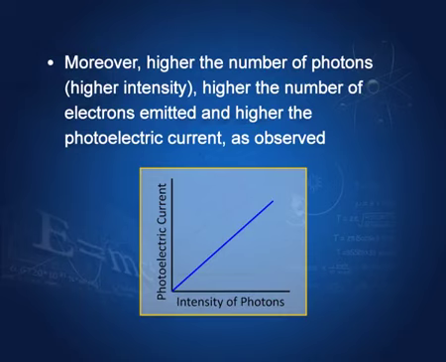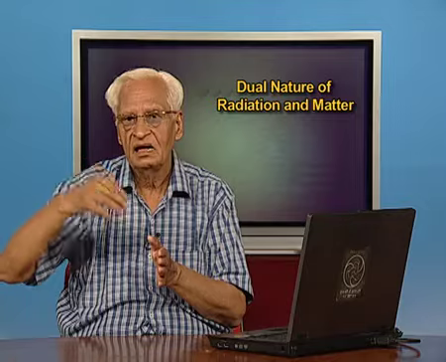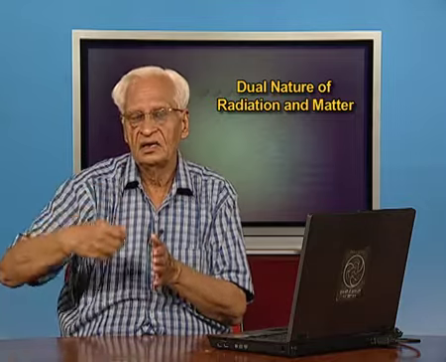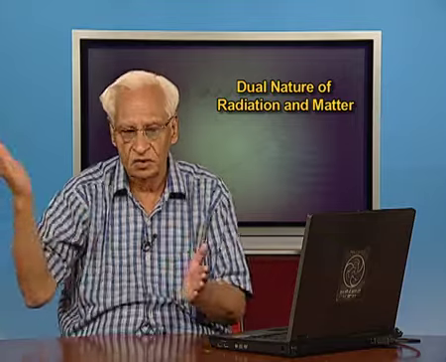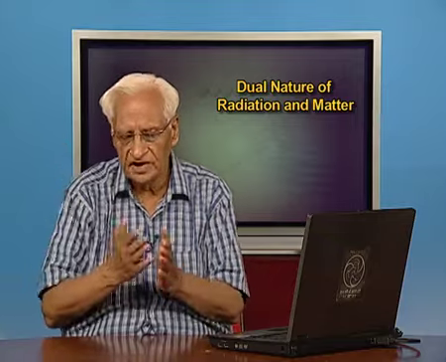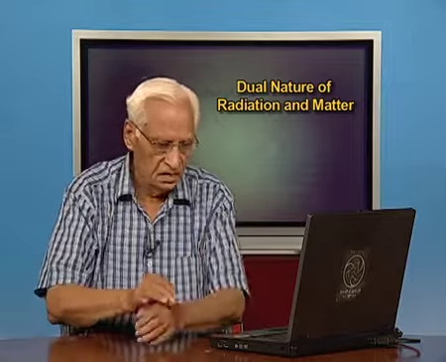Moreover, the higher the number of photons, the higher is the photoelectric current. But again, there must be a minimum frequency. If we have the minimum frequency, then electrons will come out immediately, and now if we increase the intensity, the number of photons increases, and the number of photoelectrons increases because a large number of photons are now hitting the surface.